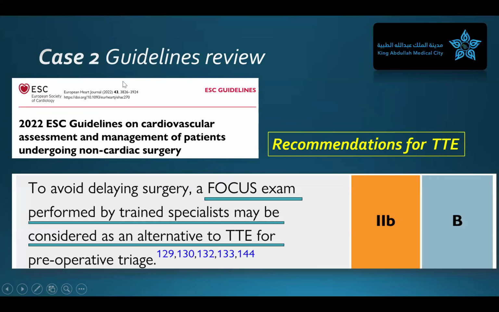By reviewing the guidelines, the European 2022 guidelines on cardiovascular management of patients undergoing non-cardiac surgery, recommendations about transthoracic echo state that a focused exam performed by trained specialists may be considered in the pre-operative period.